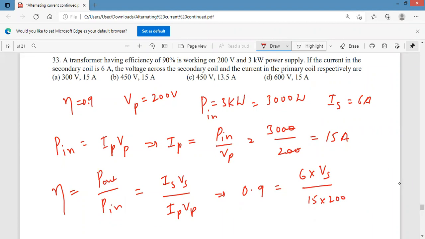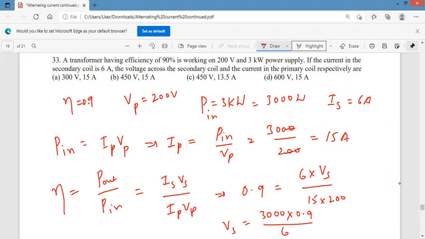Now, Vs is equal to 15 into 200, that is 300, into 0.9 divided by 6.